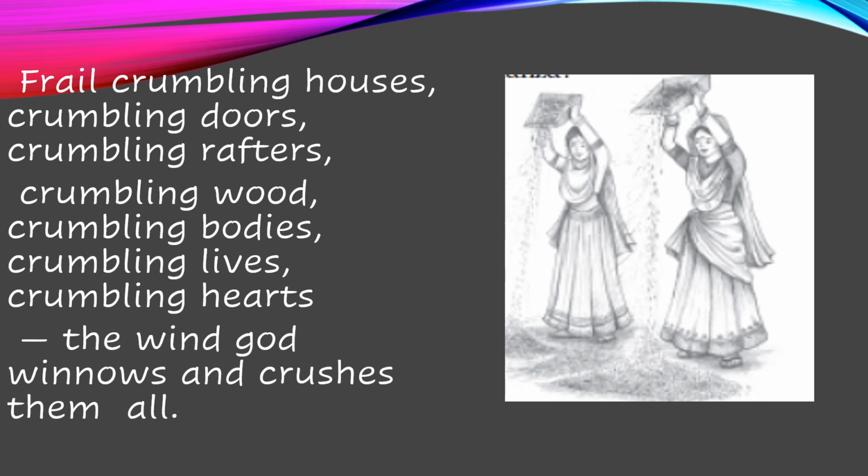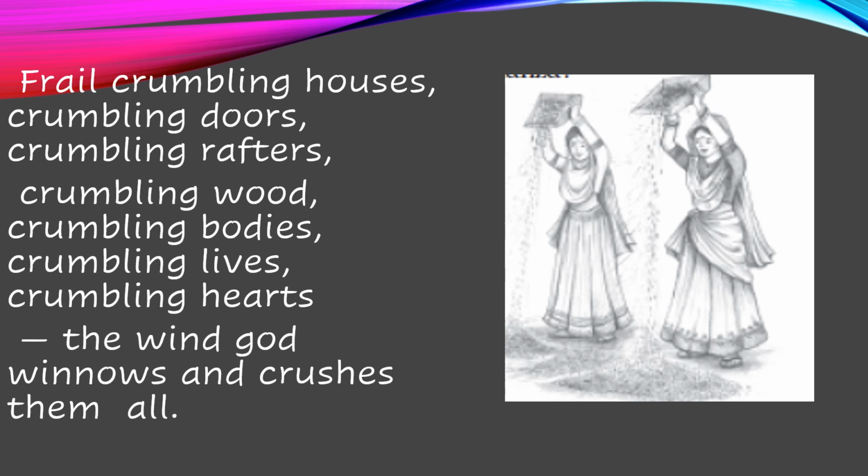Actually the soul inside us tries to crumble. So crumbling lives, crumbling hearts, where if a person is not able to come out of the destruction, his heart has been crumbled. He is not able to get up from that certain point of time. So here we can take Thomas Alva Edison, where his whole lab was burnt out.